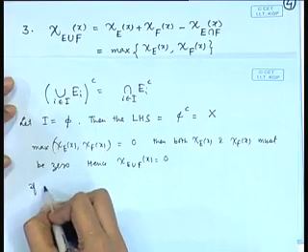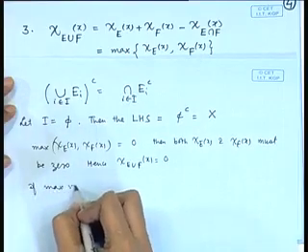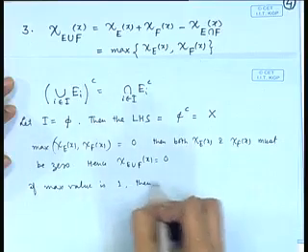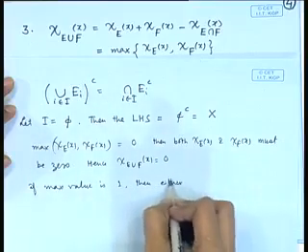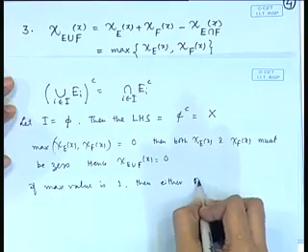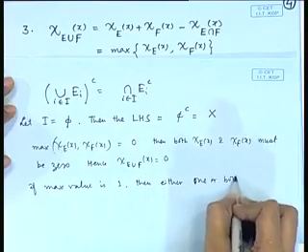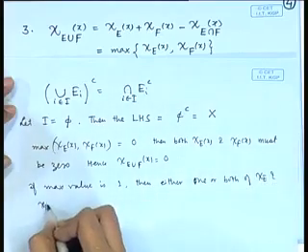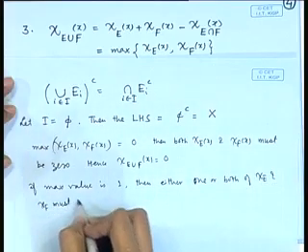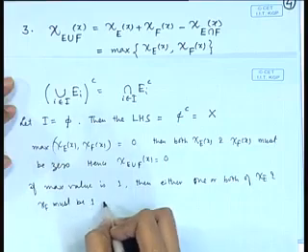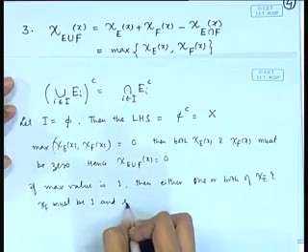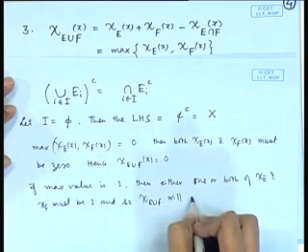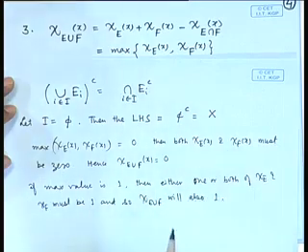If the maximum value is 1, then either one or both of chi E and chi F must be 1, and so chi of E union F will also be 1.